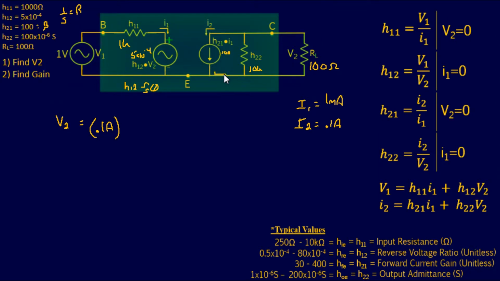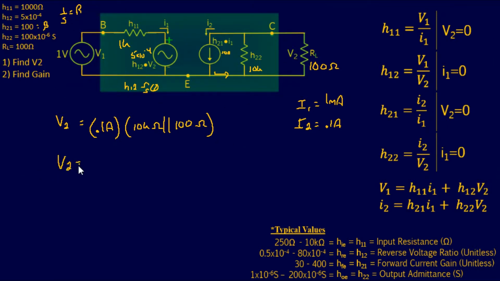But it's got to go through our internal resistor as well as our load resistor, so it's going to split off. Luckily, that's 10K and that's 100 ohms, so there's going to be a substantial difference there. To find it, this is our 10K ohm internal resistance in parallel with our 100 ohm load resistance. Since these two are in parallel, we have to find the total resistance of those two.